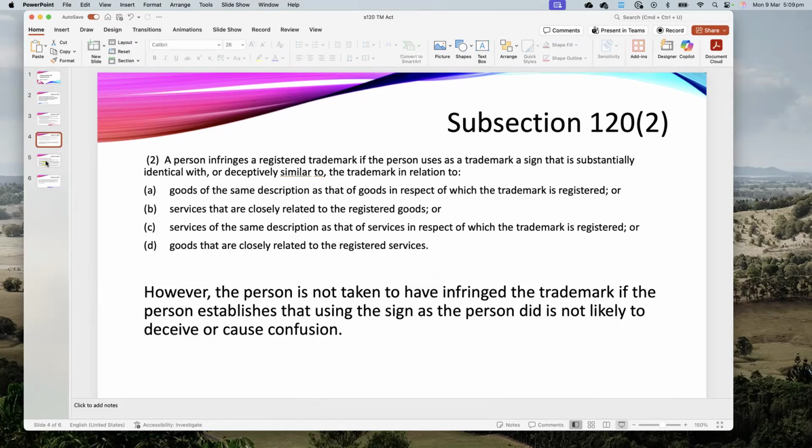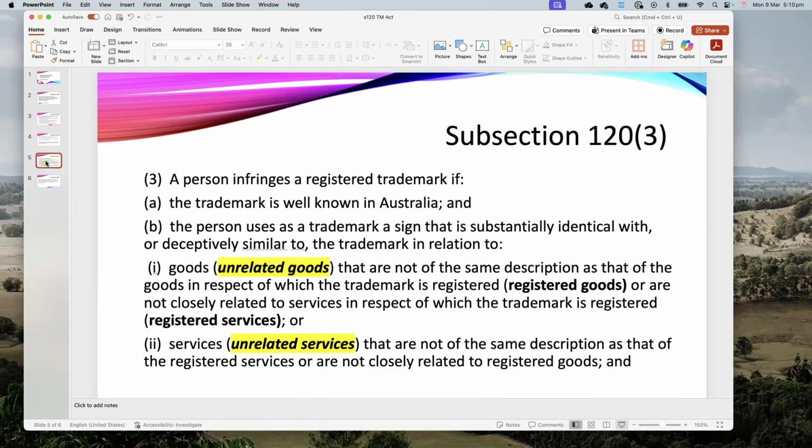It's very unlikely that if they are in cosmetics, right, and somebody is in, I don't know, pools, that they're going to bring a trademark infringement action against them for using the word or whatever that they have registered as a trademark. But sometimes they do. Sometimes they do for goods or services that are completely unrelated to their good or service. And that is when subsection 3 is relevant.